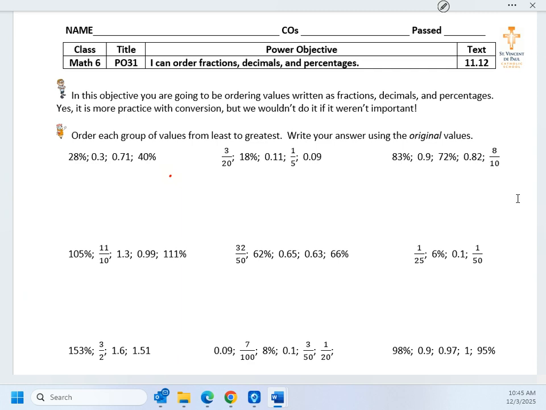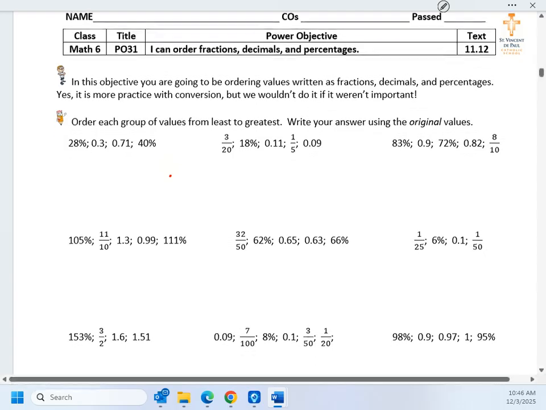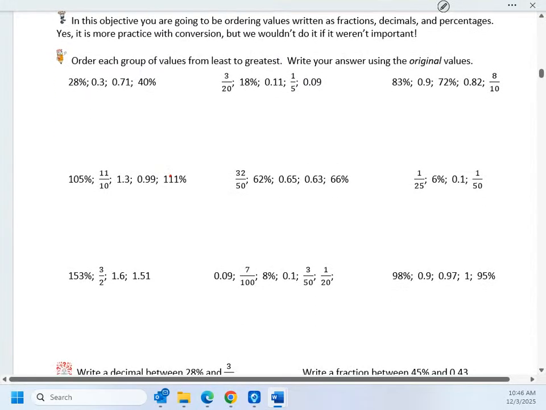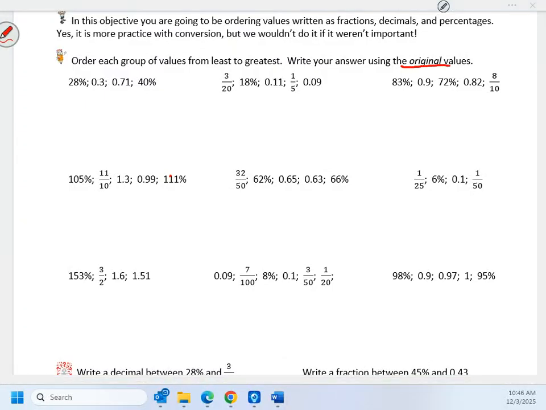You decide what you want to convert them into, but make sure you convert all the values into the same thing. That way we can compare them. So when we write our answer, we're going to write it using the original value, not what you converted it into. So you're going to look back at what the original is.